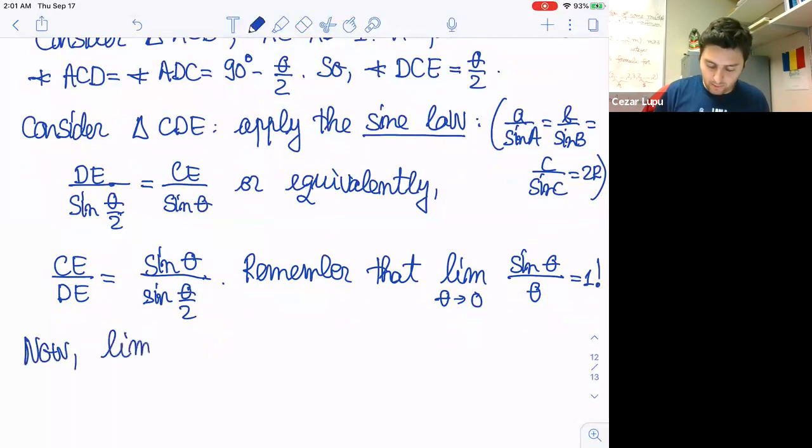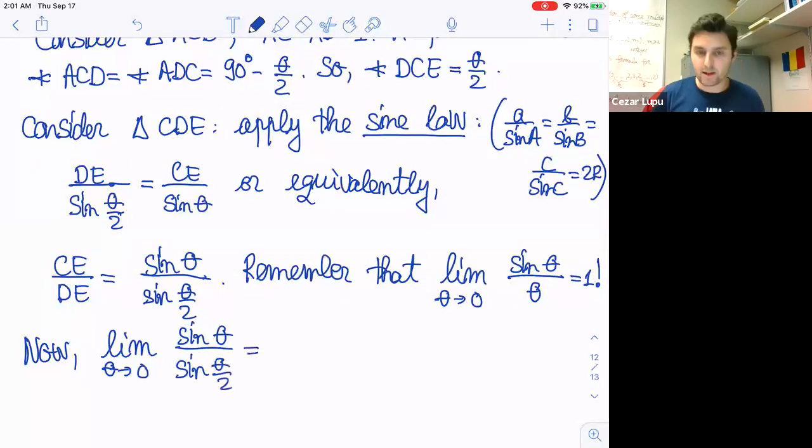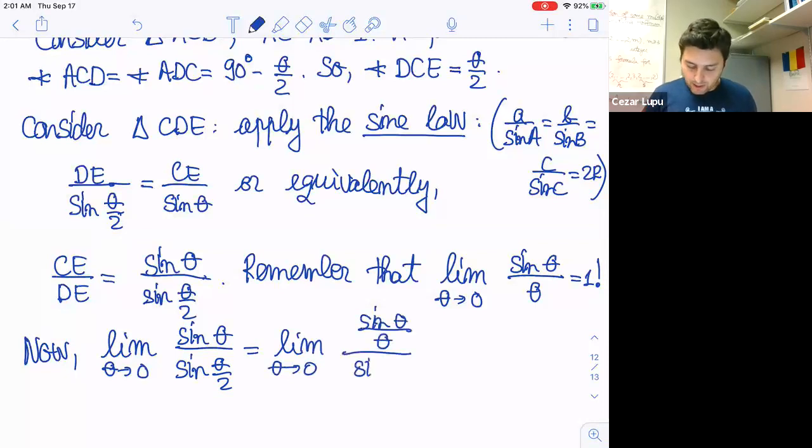The limit as theta approaches 0 of sine of theta over sine of theta over 2. And this, let's write it this way, will be the limit as theta goes to 0 of (sine of theta over theta) over (sine of theta over 2, over theta over 2), and I forgot a 2 here, right?